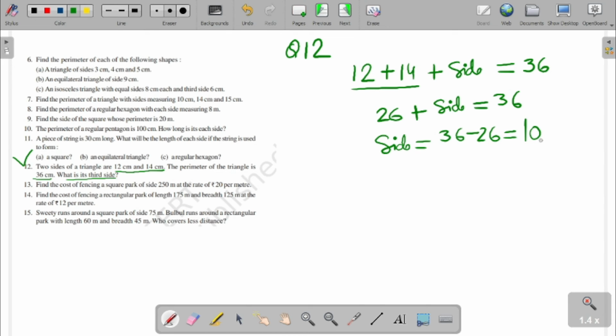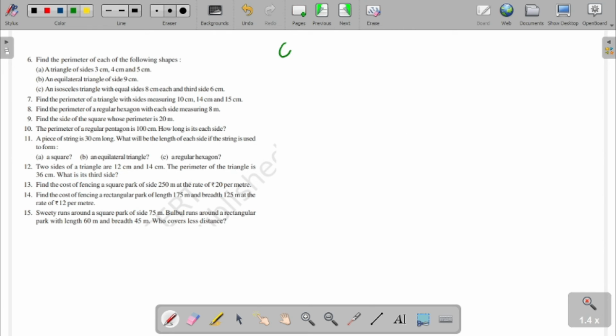So in this case, third side of the triangle is 10 centimeter. This is question number 12. Now we move to question number 13.